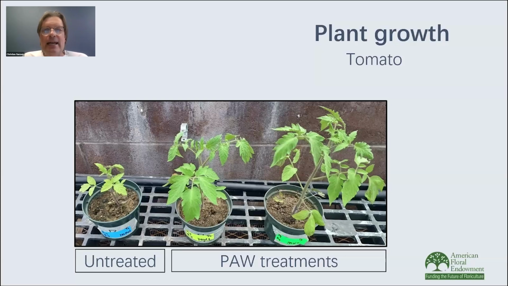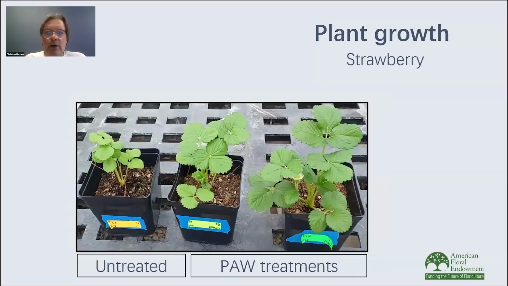Now, we think it's actually more than the nitrate that is being provided from the PAW. There's a lot more going on in interactions with microbial organisms. You can also see it here with strawberries, that the same thing happens, that strawberries also responded very, very strongly to this.